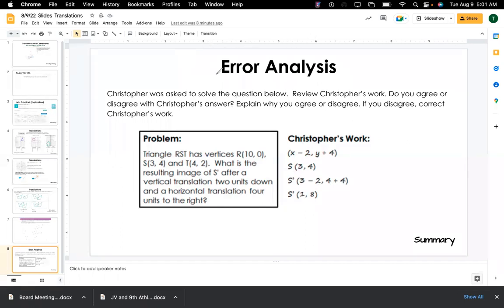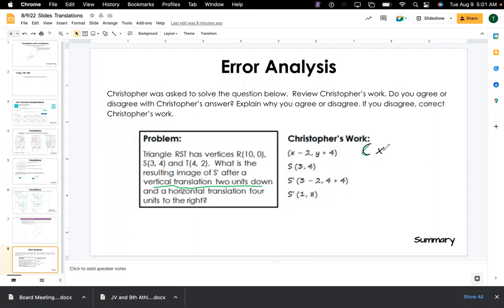Well, Chris didn't realize that your X is the first thing. And this is X minus 2. That's not right because it said a vertical translation. That's dealing with up and down. Chris should have written it as, Chris was trying to mess me up. He's trying to make me trip.